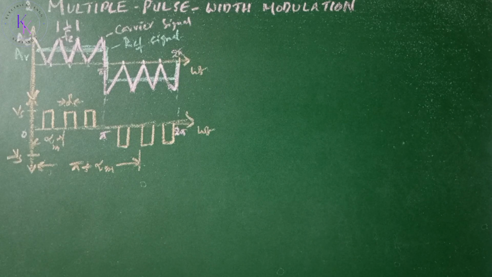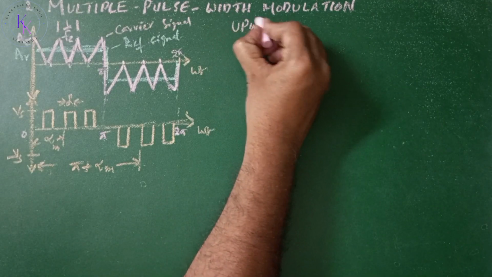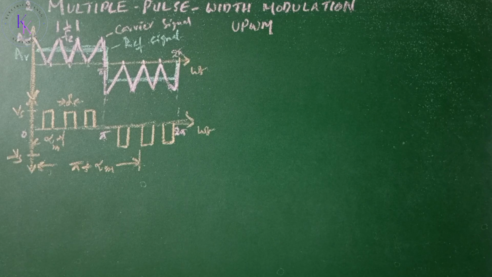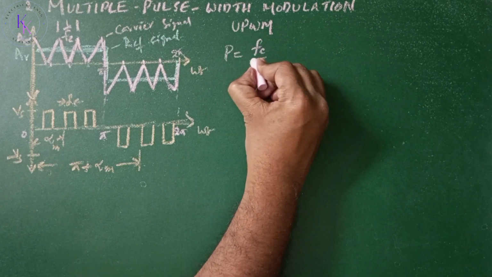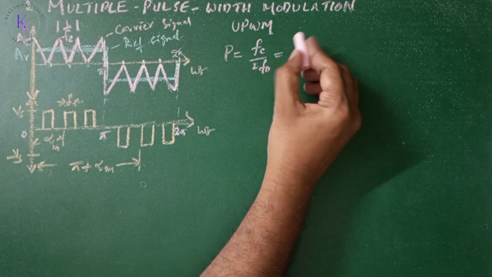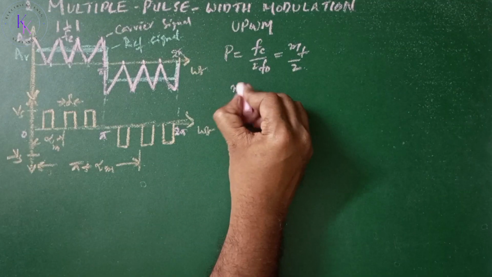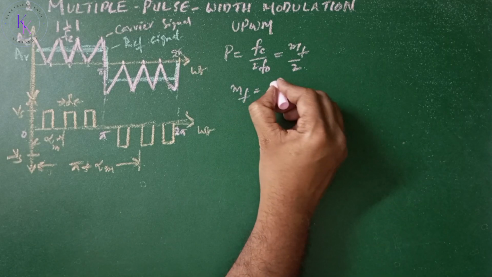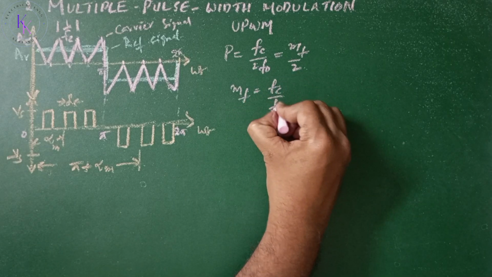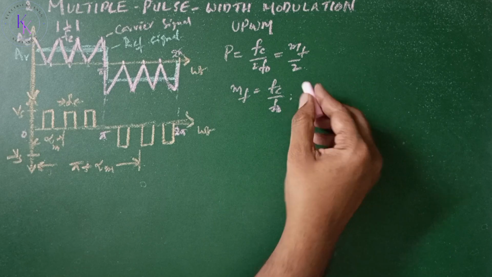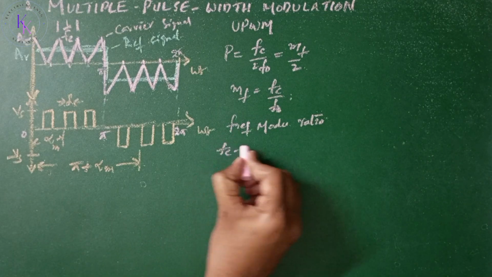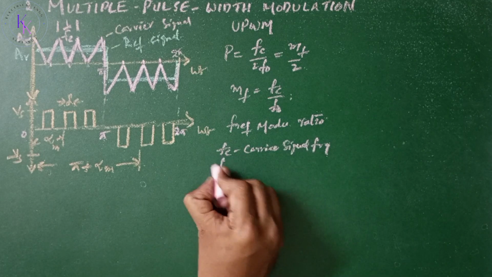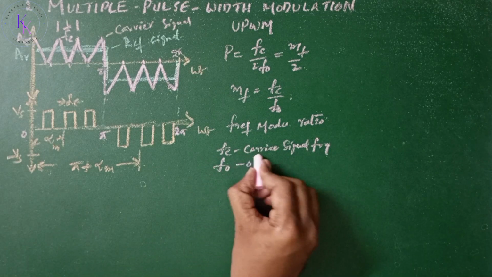This type of modulation is also known as uniform pulse width modulation, that is UPWM. The number of pulses per half cycle is found that P equals Fc divided by 2 F0, that equals MF by 2, where MF equals Fc divided by F0 is defined as frequency modulation ratio, where Fc is the carrier signal frequency, F0 is the output frequency.